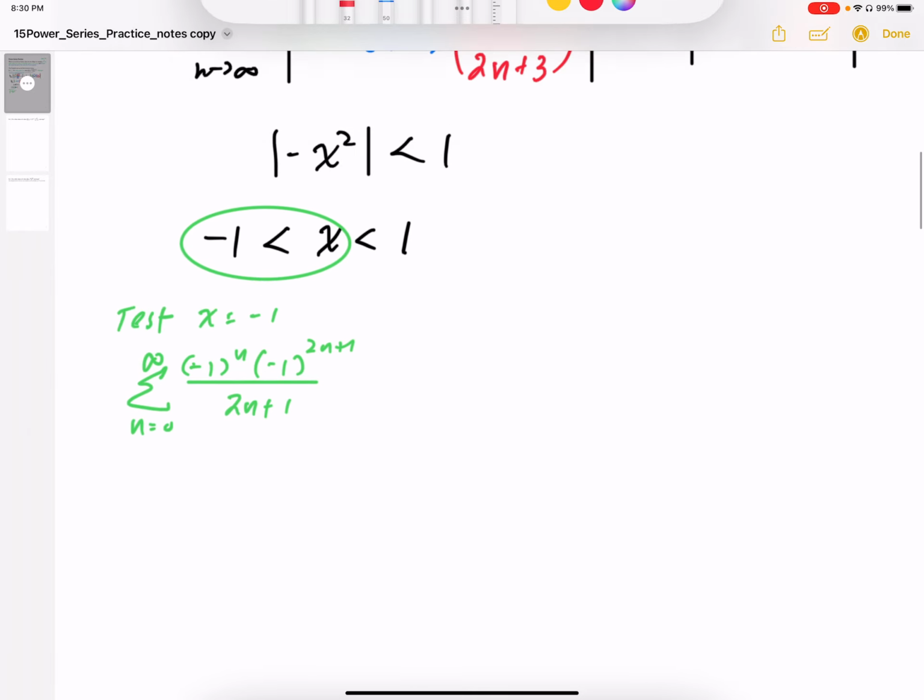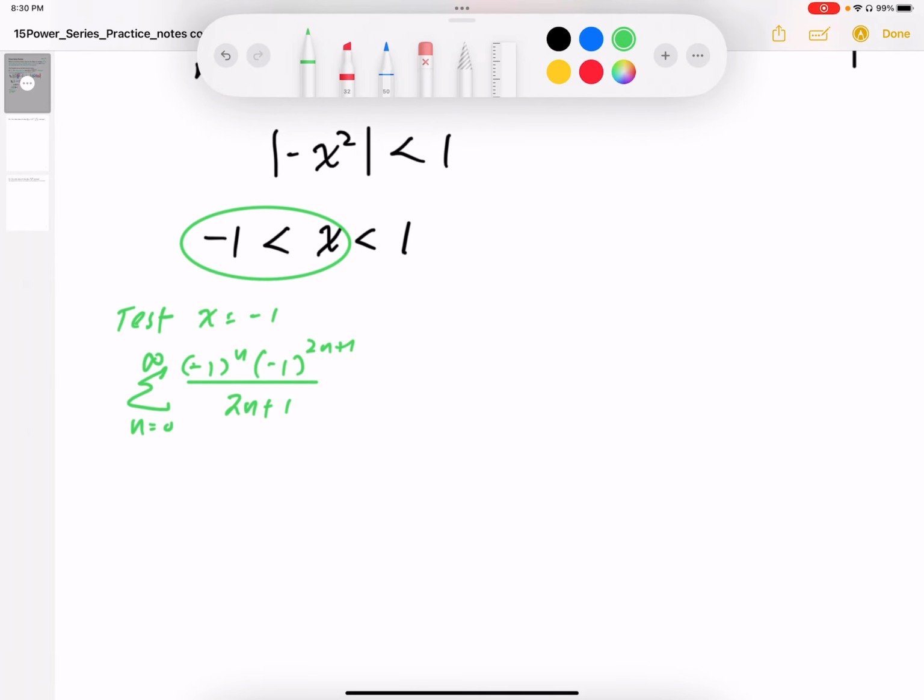Okay, so I can group my negative 1 base, and I have negative 1 to the power of 3n plus 1. And the denominator is essentially a version of harmonic series.